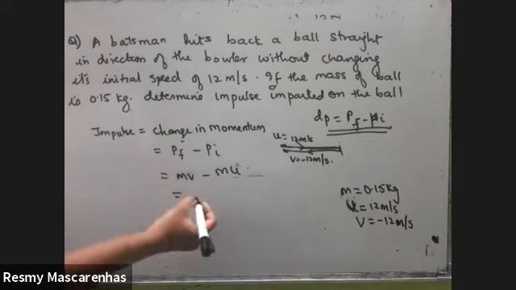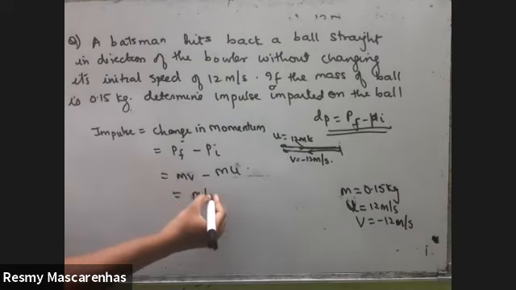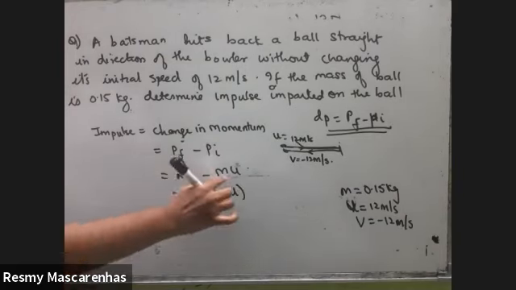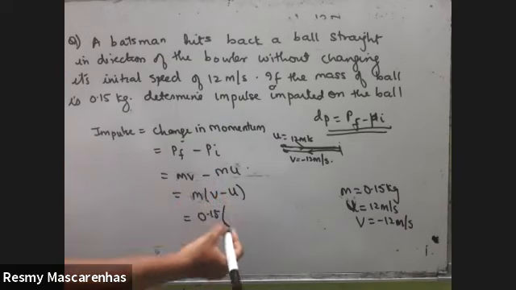So what you can do, take out common. Or you can multiply separately also and calculate, no problem. This is 0.15. This is inside the bracket.